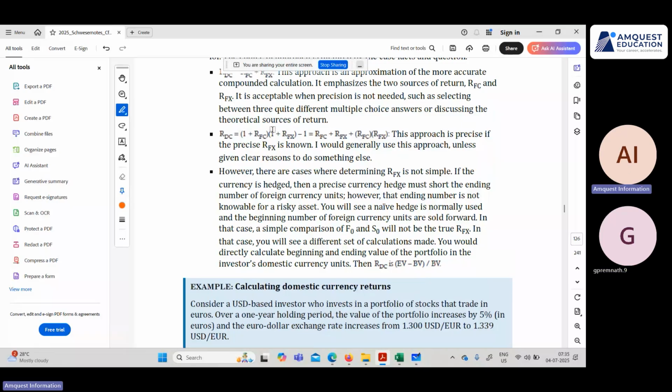So one thing, Gaurav, look at this. He is a US-based investor. He would want to look at his returns in the local market, which is the euro, between USD and euro. So can I say that my foreign currency in this case is the euro? So everything that I want to calculate should be calculated in terms of euro.